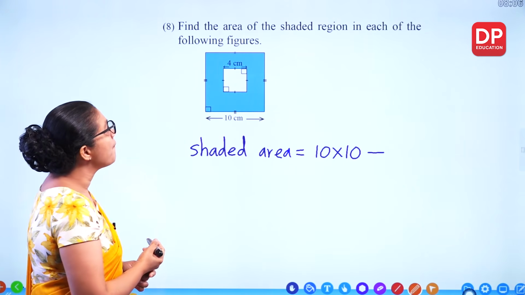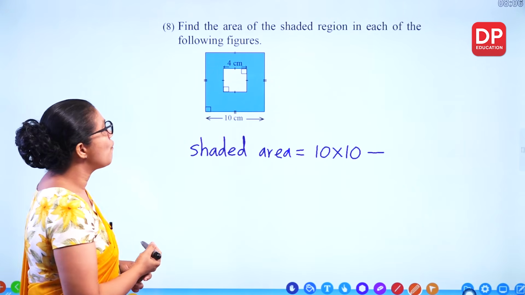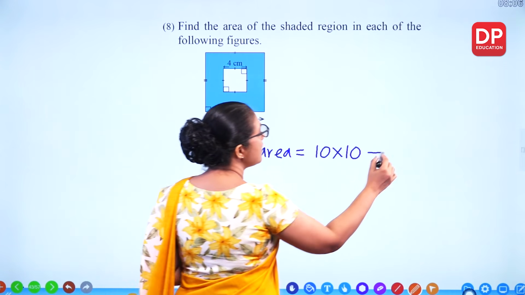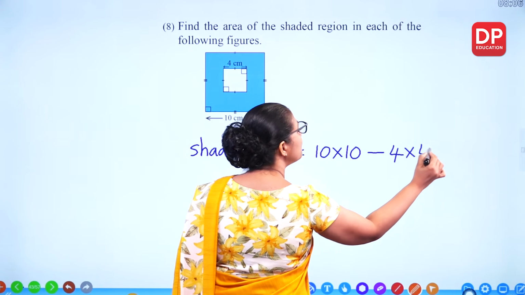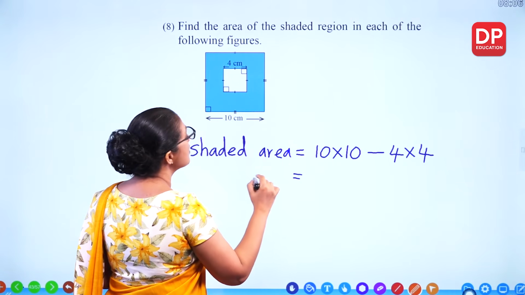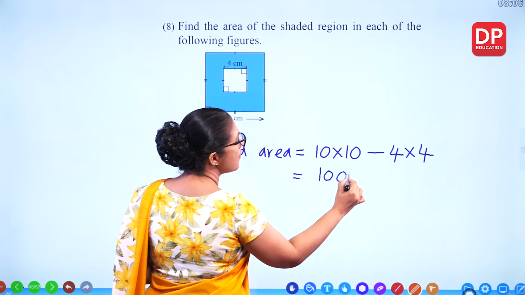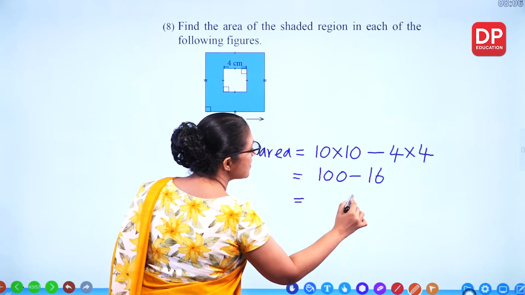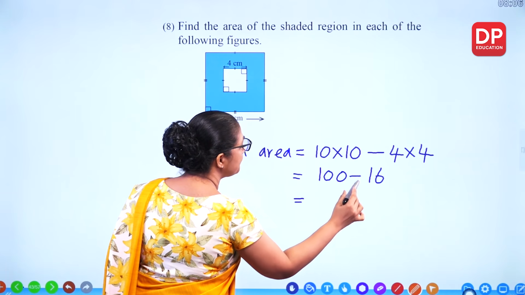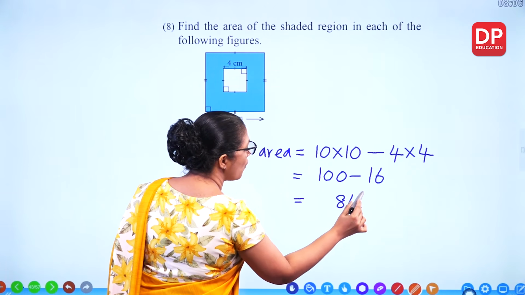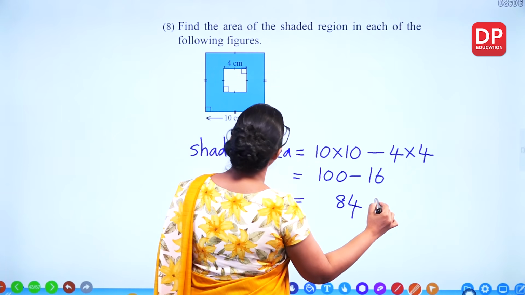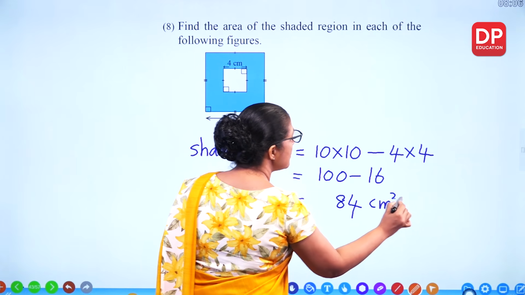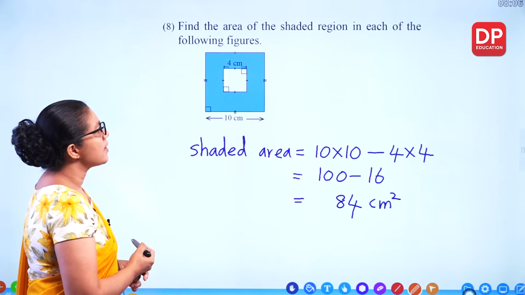What's the small one? That's also a square. 4 is the side length. 4 times 4. When you subtract, you get 10 times 10, 100. 4 times 4, 16. 100 minus 16, you get 84 square centimeters is the shaded part.